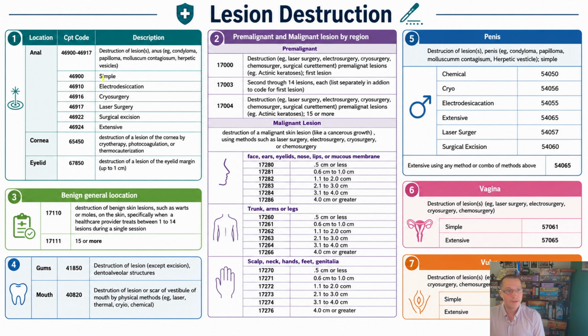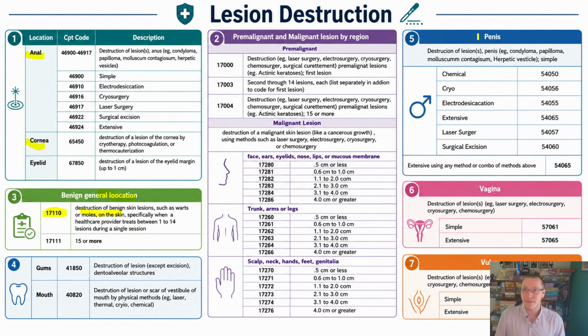For lesion destructions, they get broken down quite a bit more into different locations here, where a lot of people will default to this 1710 code for everything. This is your benign general location code. Sorry for the typo there. These are your general codes that will be used whenever a more specific code doesn't exist.